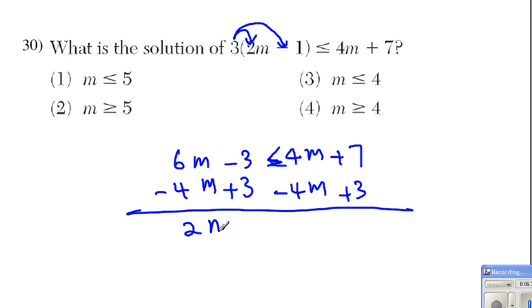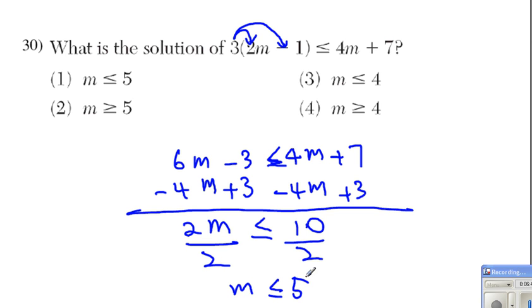Then we would have 2m on one side, which is less than or equal to 10. Then by dividing by 2, we get m less than or equal to 5, which means choice 1 seems to be the answer.